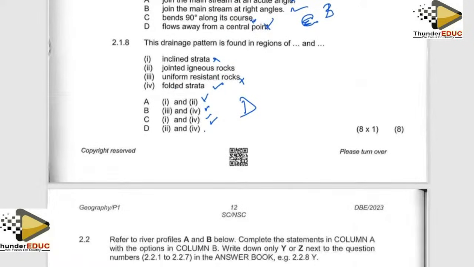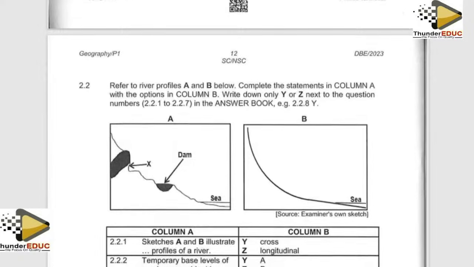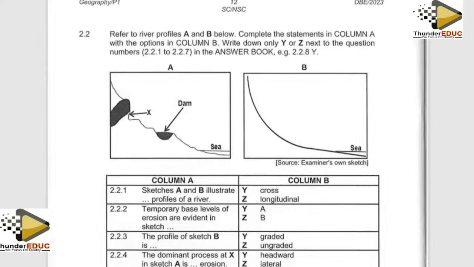The next question says, we are referring to these 2 here, and we'll answer the questions that are there. So when you look at these 2, remember you said learners will interpret first before we look at the questions. Look at this. This drainage pattern is not uniform. This one is uniform. This one is disrupted by a dam and by this hard rock.